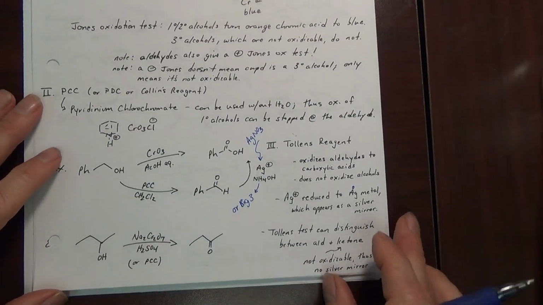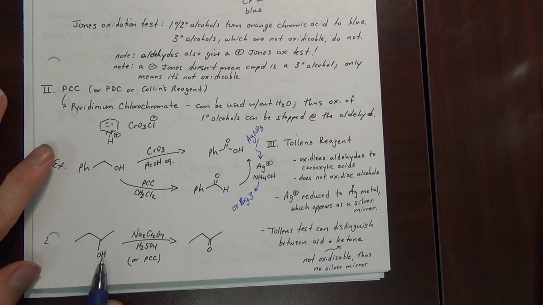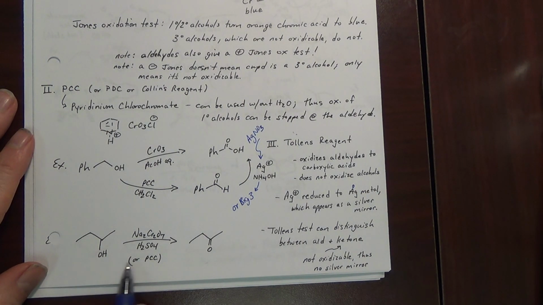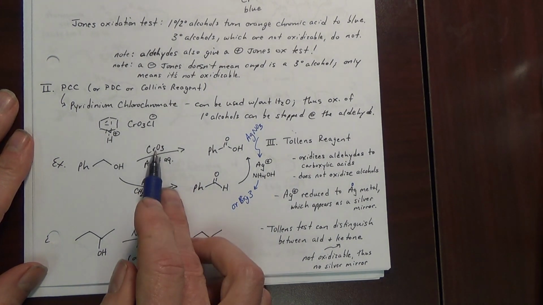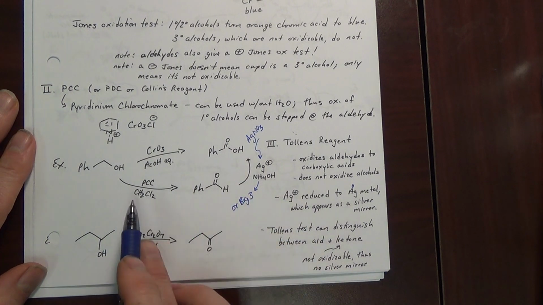Okay. What else was here? Of course, a secondary alcohol with the big 3 is going to give the ketone. PCC would also give the ketone. But why use PCC, which is actually a little bit more expensive? There's no difference here. Up here you have a difference. The big 3 goes all the way to the carboxylic acid.